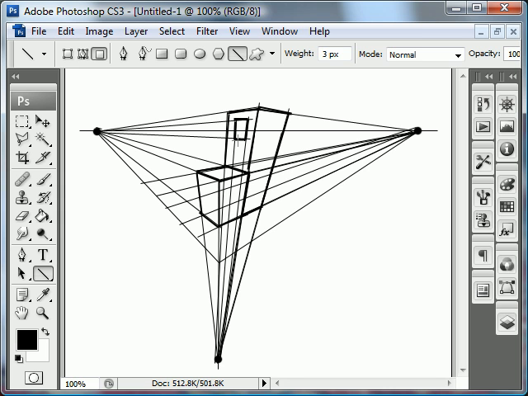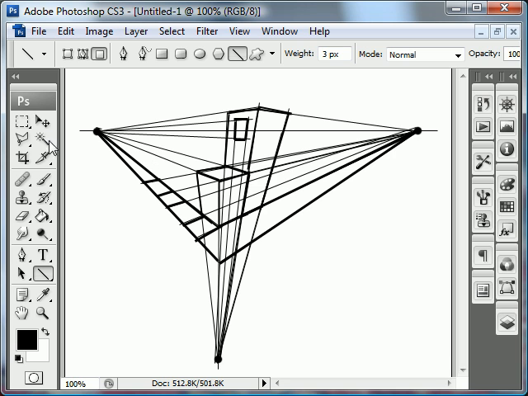So all of those edges that I just drew come from these vanishing points. And this sidewalk here that I've just constructed, the lines of this sidewalk, come from the right-hand vanishing point because they are parallel to this right-hand edge.